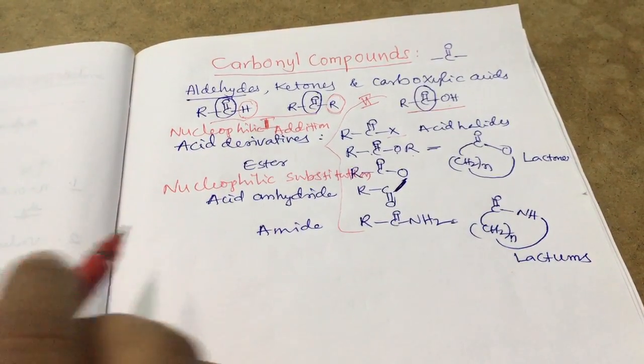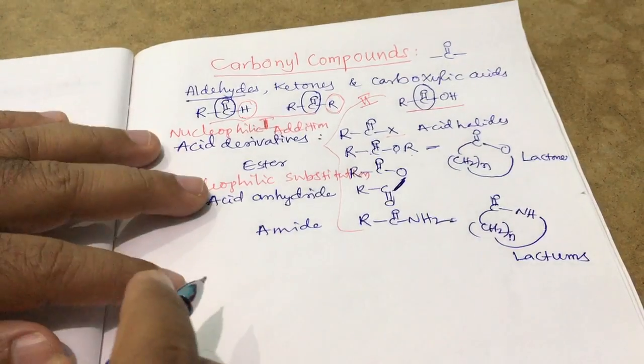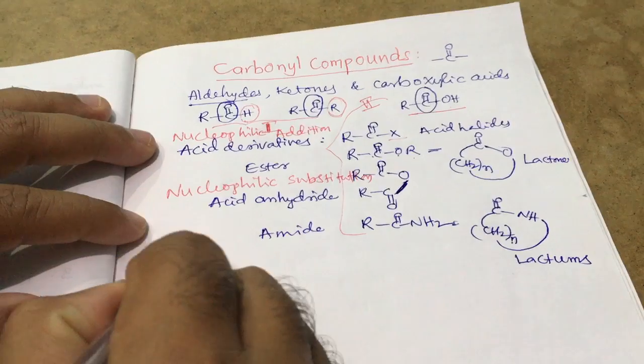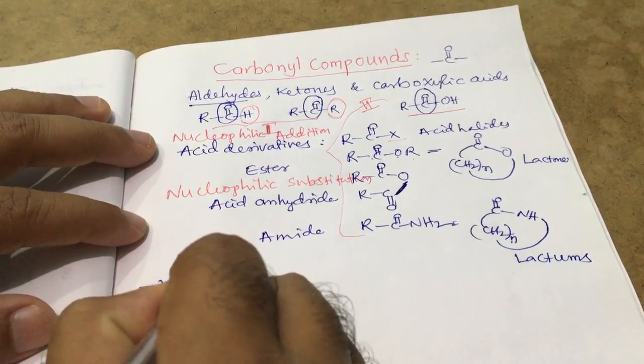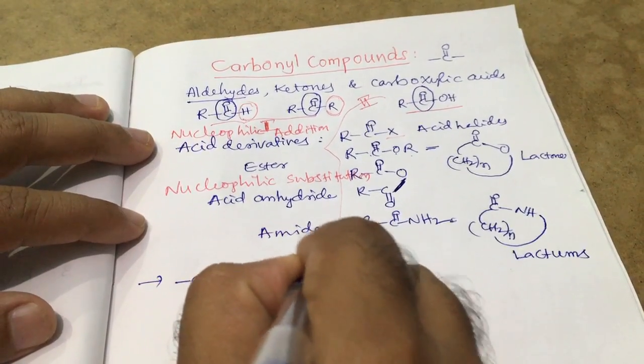Now, aldehydes, ketones, and carboxylic acids are widely spread in the plant and animal kingdoms.